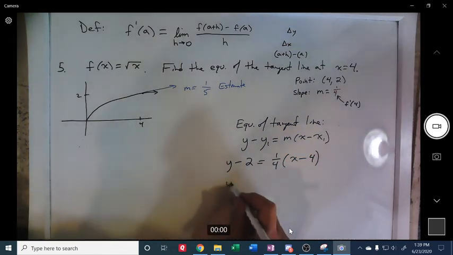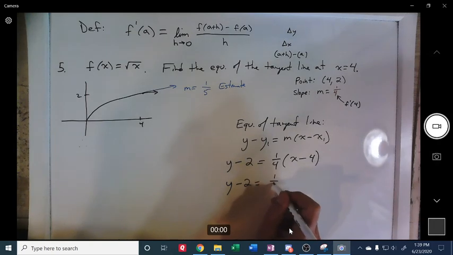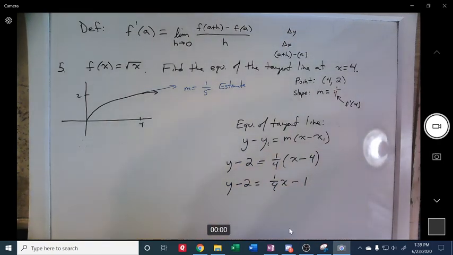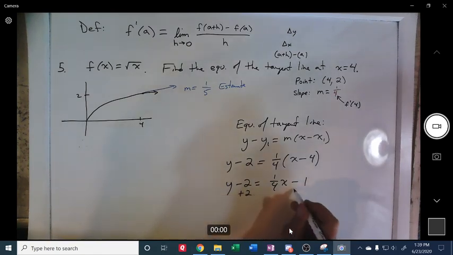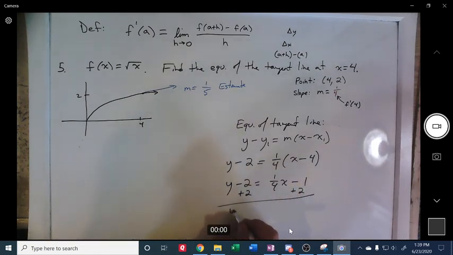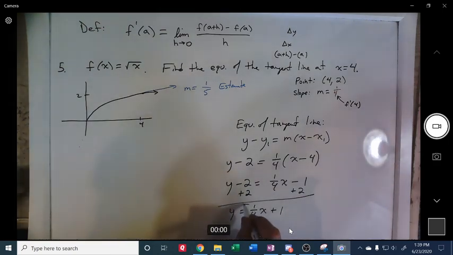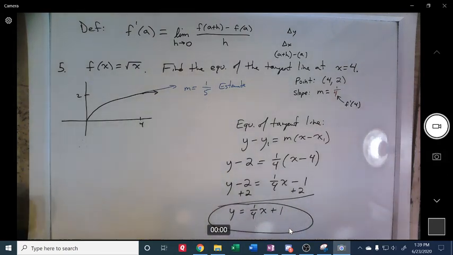And then I get y minus 2 equals 1/4 x, distribute the 1/4, minus 1, add 2, y equals 1/4 x plus 1. That is my final answer. It asks me, find the equation of the tangent line when x is equal to 4.